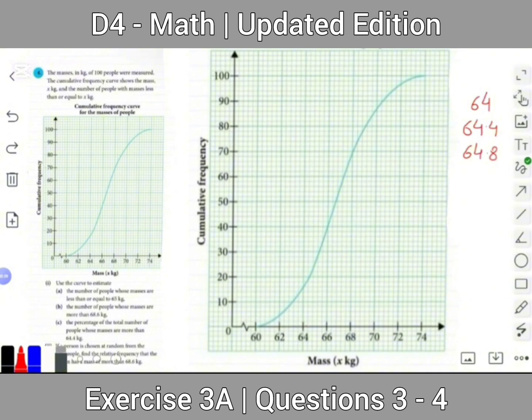After that, if we add 0.4, the next point is 65.2, and after that the next point will be 65.6, and if we add a further 0.4 to 65.6, we get 66. So 65.2 is approximately equal to 65.